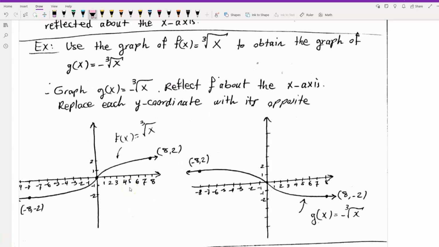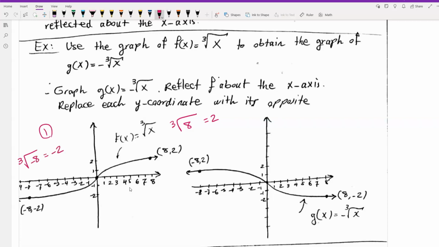So here on this part first, I graphed f(x). I used the points that I have here: (0, 0), (8, 2). The cube root of 8 is equal to 2, and the cube root of -8 is equal to -2.